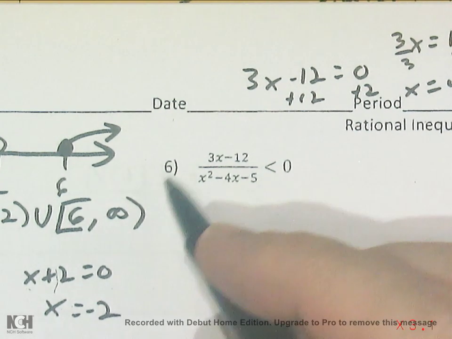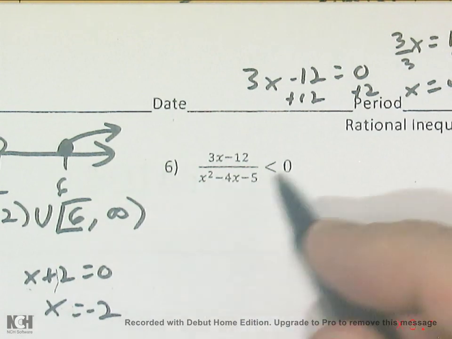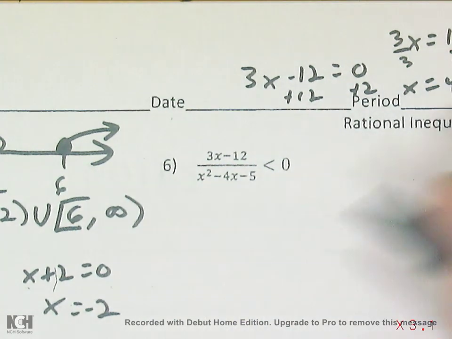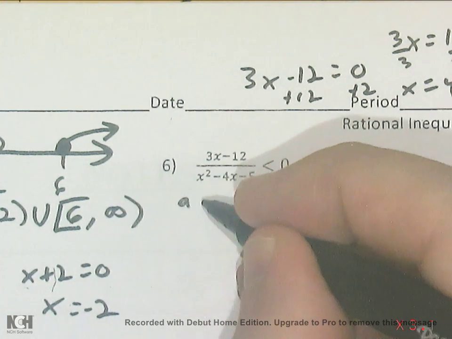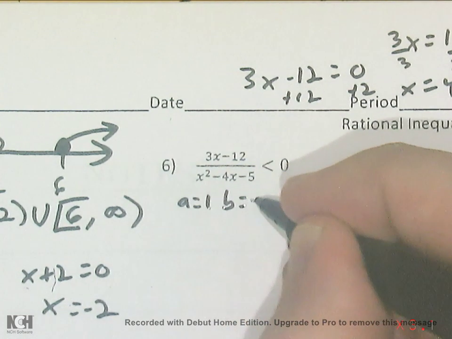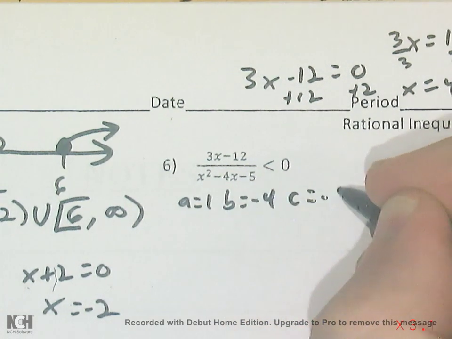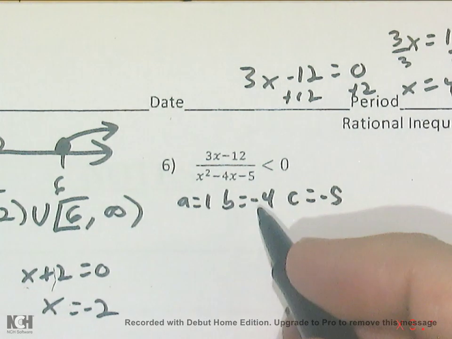Now to figure out the solutions on the bottom, this is in the quadratic form, so I'm going to use my quadratic formula. So I identify my A, B, C. A is going to be 1, B is going to be negative 4, C is going to be negative 5, and I plug those into my formula.